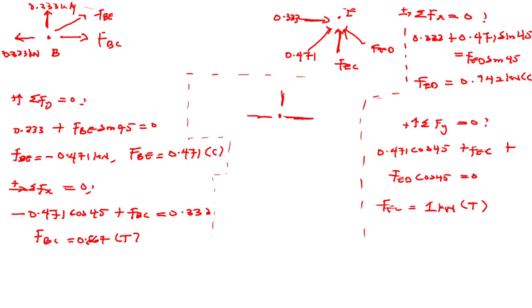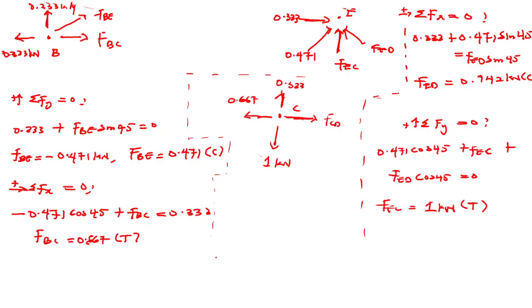Putting everything in the directions we have obtained, this is joint C, and this is 0.333. This is FCD. This is 1 kilonewton as we have obtained. This is 0.667.